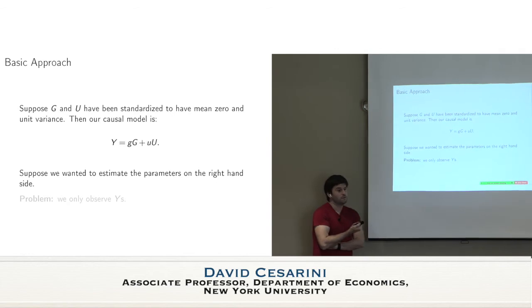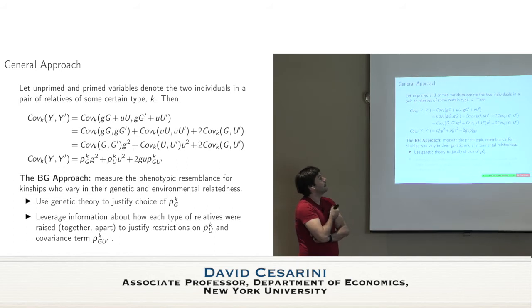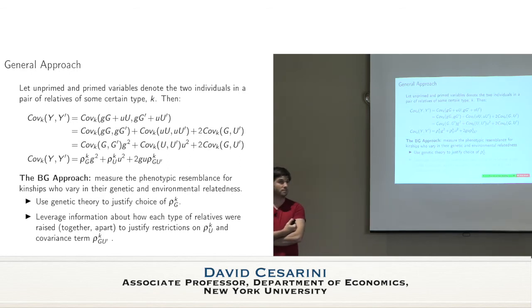Okay, so at its core, behavior genetics proceeds by saying, okay, I'm going to use a prime here to denote the second individual in some pair of relatives.